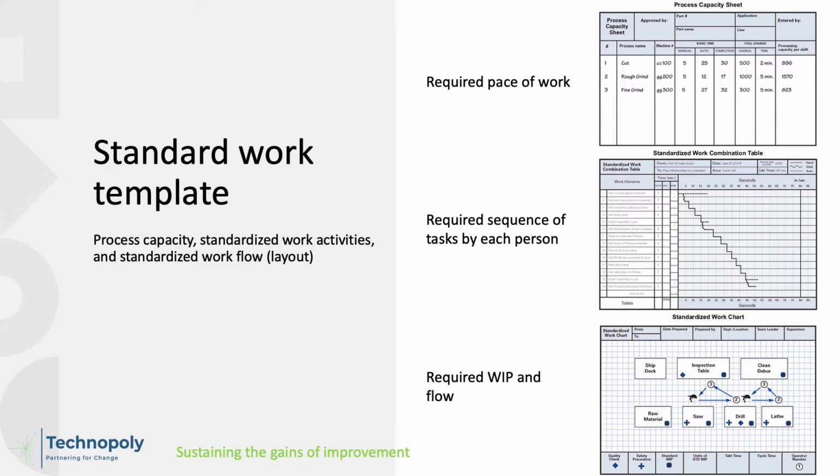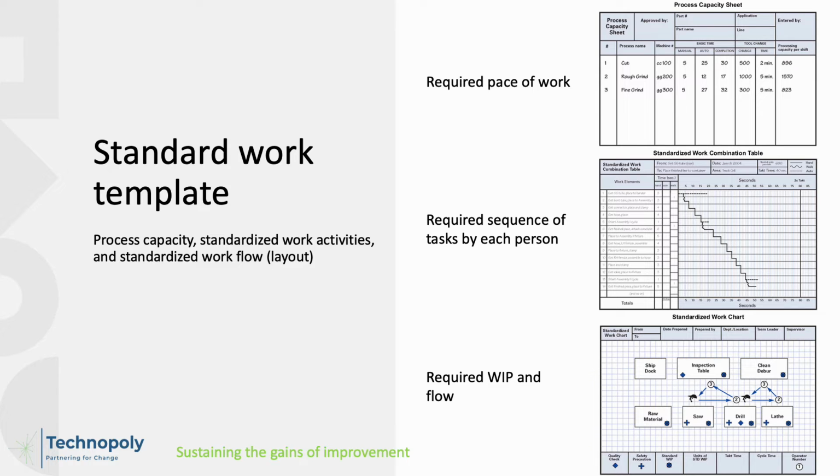In essence, when you talk about standard work, it is not equivalent to a manual that everybody needs to read or to open up, but rather a simple set of templates that guides the operators or the people in terms of how to do their job better and faster. These templates are very straightforward and simple.